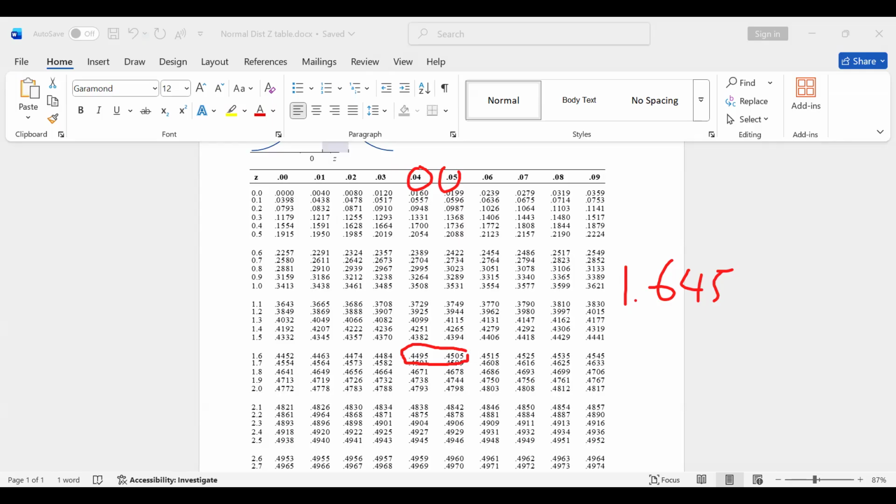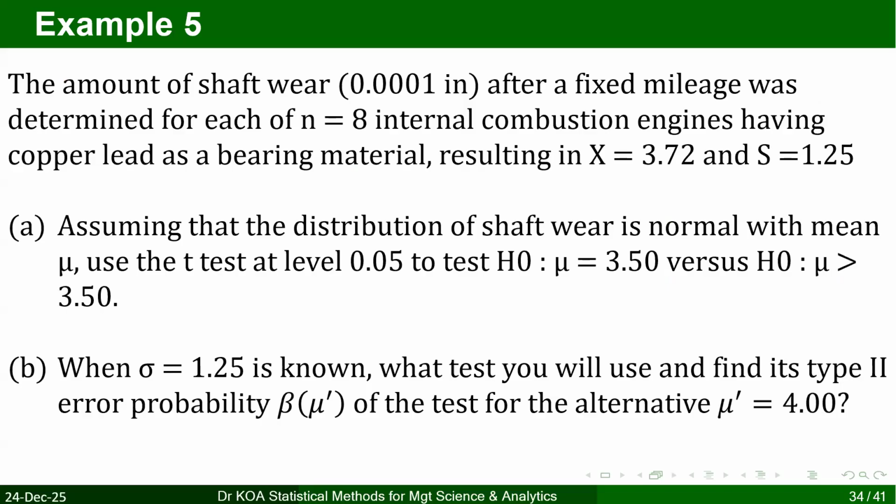Okay. So now that you've gotten that 1.645, what do you now do? Let's go back to the question. We got to now substitute it into our results. So we are going to rewrite the entire formula for the Z and substitute the 1.645.